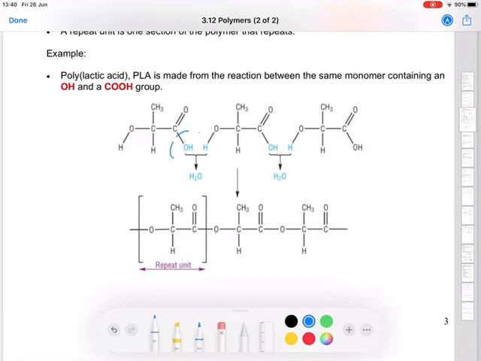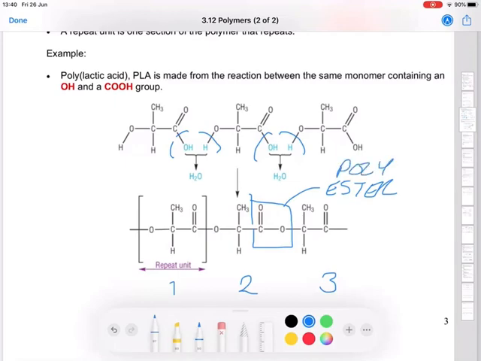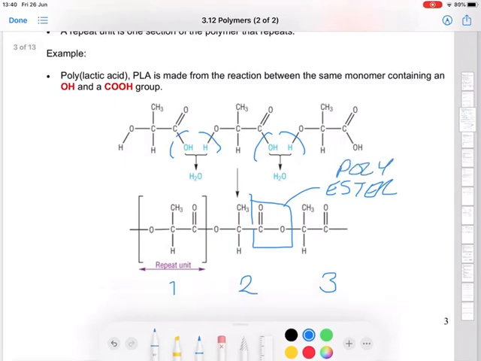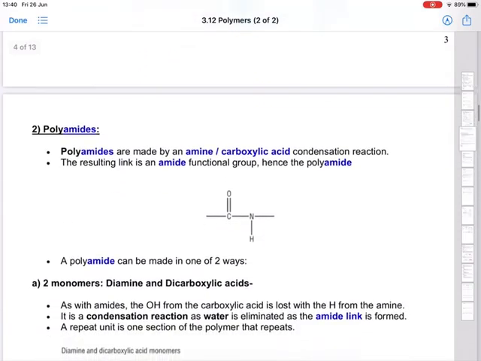So the OH comes off here, hydrogen comes off there, OH comes off here, hydrogen comes off there, and you can see here I've got 1, 2, 3 repeat units, and there is my linkage there, which is my ester, which is why we called it a polyester.